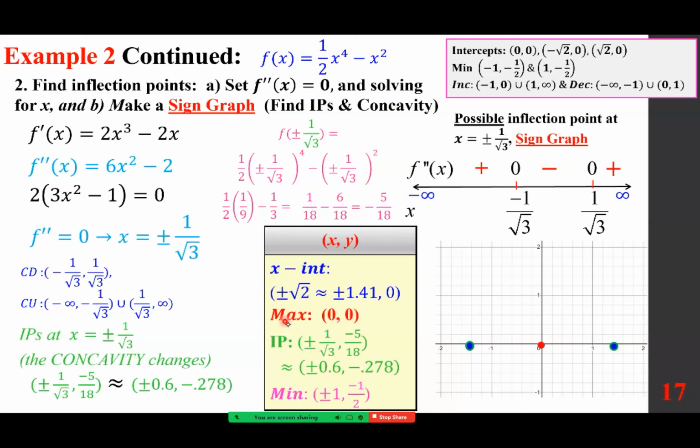Because it's the max, we draw a double arrow, meaning it can't cross it when it hits that. So when it hits that, it bounces back. Now IP, I'm changing 1 over square root of 3 to 0.6 roughly.